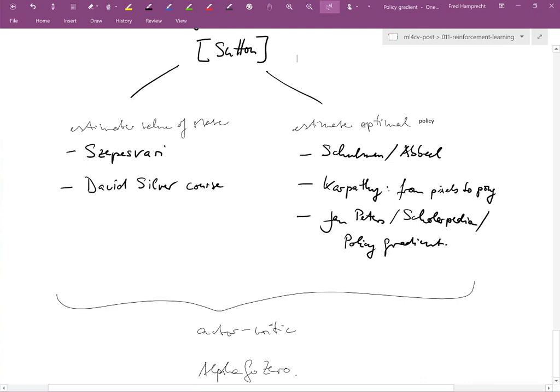And more recently, these two schools have come together in the actor-critic methods. So they go back, I think, to the 90s, but have gained in popularity recently. And like I said, AlphaGo Zero is a good example because they have a single network that uses just this one set of parameters to both estimate the value of a state and what would be the optimum next action to take.